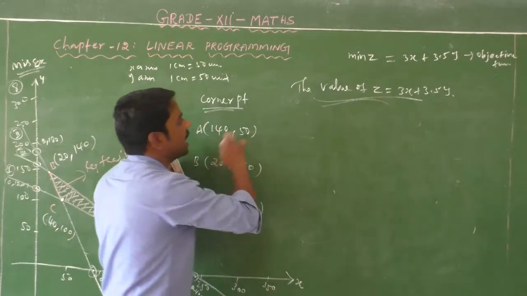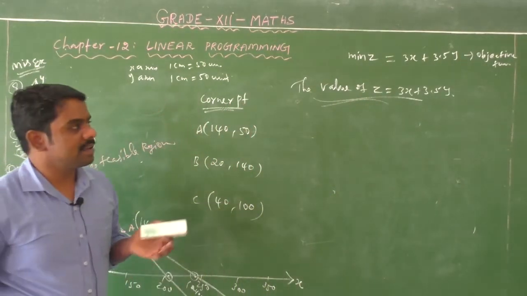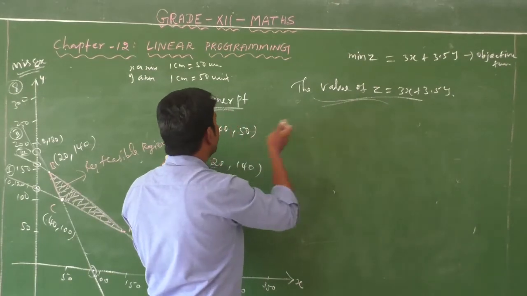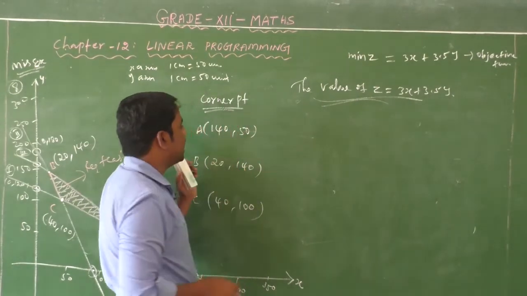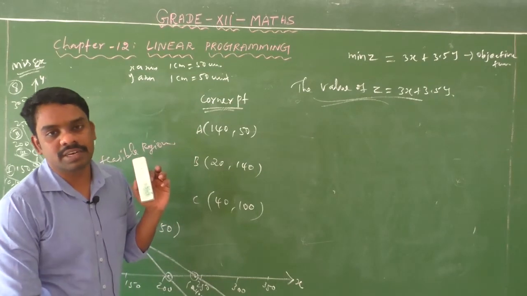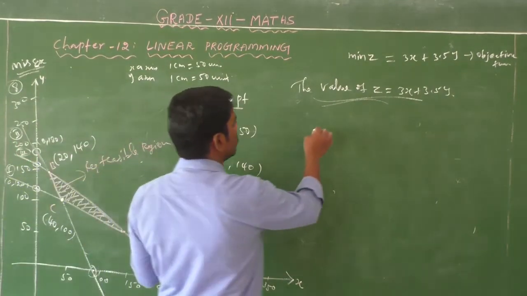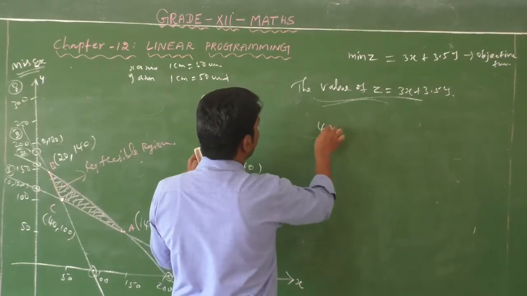Substitute the point A, which is 140 comma 50, into the Z value. First, 3 into 140 is 420.